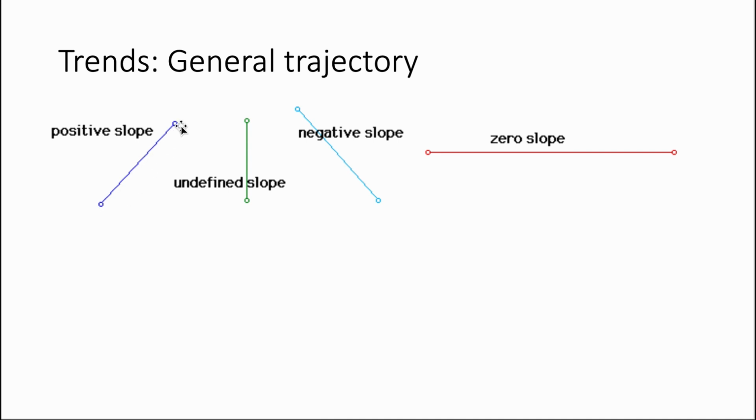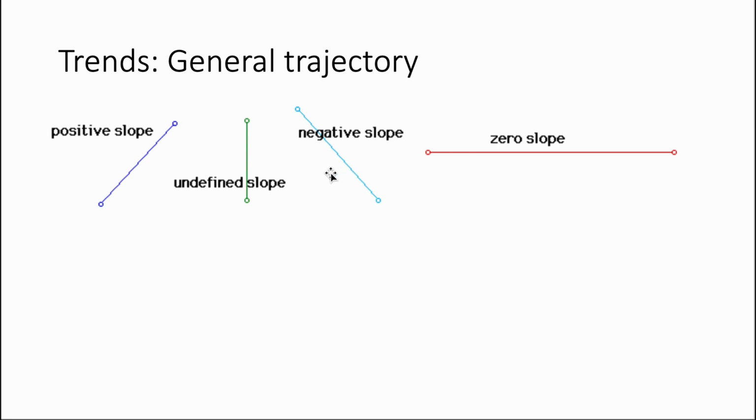So it's actually going uphill. So we refer to this line being a positive slope. We're never really going to see an undefined slope in here. So I just want you to know that, we're not going to see this a lot. X is not changing, so therefore it is an undefined slope.